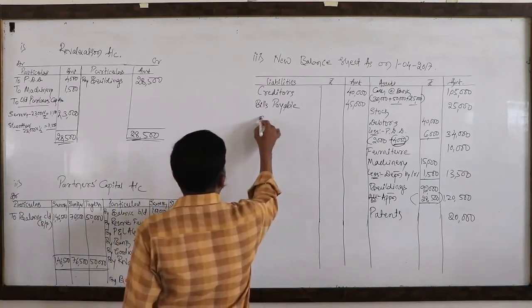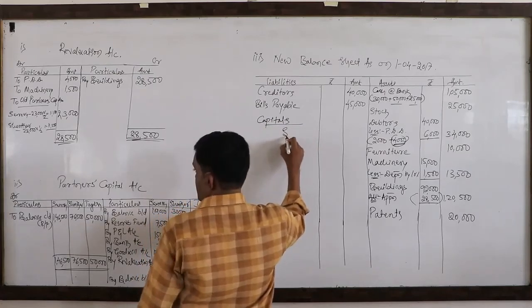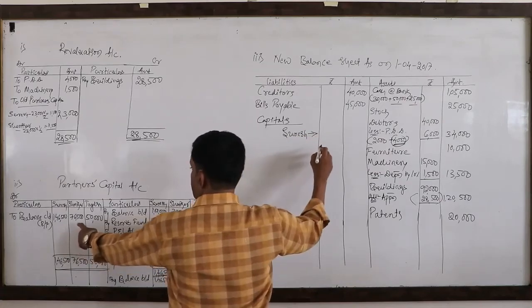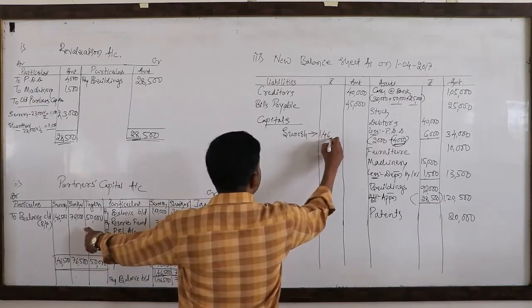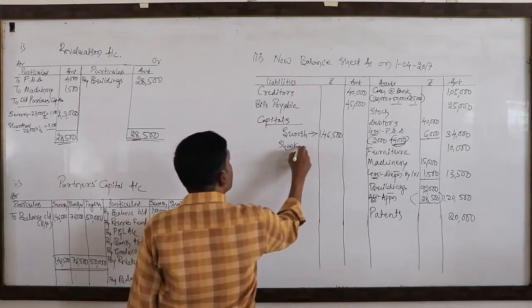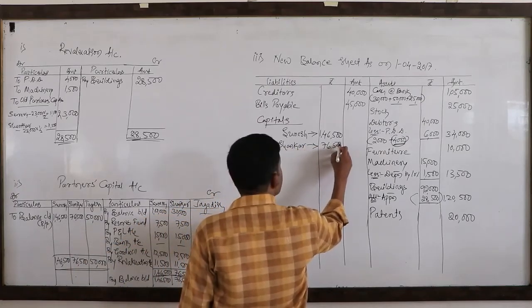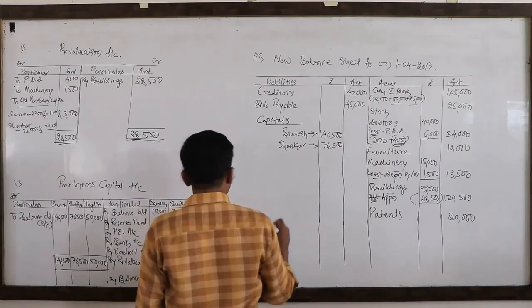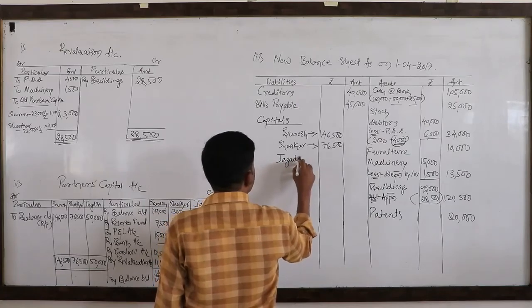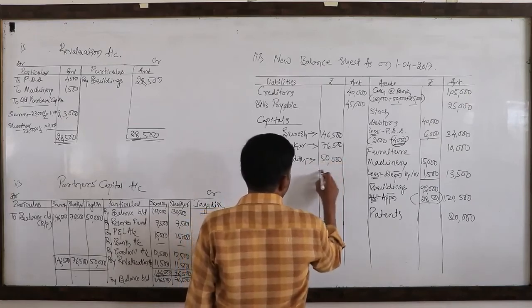So here the capitals. The first partner is Suresh, his closing capital is 1,46,500. The second one is Shankar, 76,500. Jagadish, 50,000.